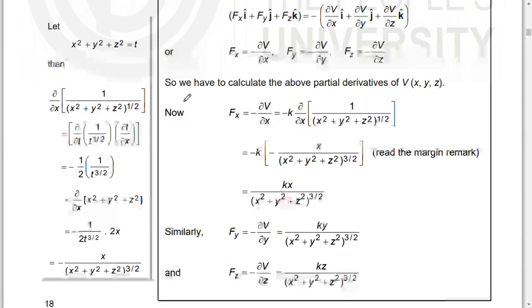So we have calculated the above partial derivatives of V of x, y, z.